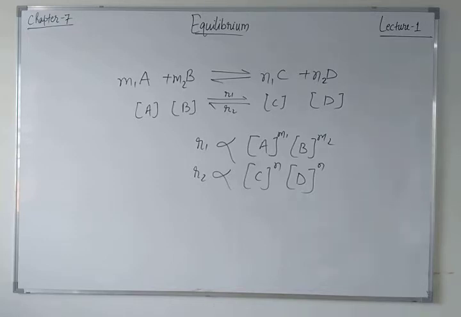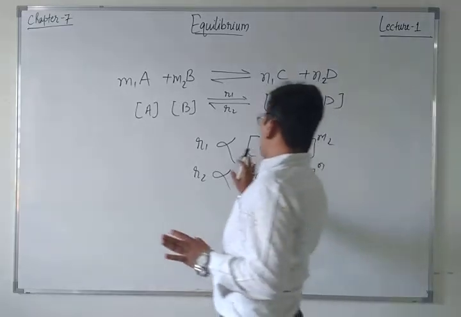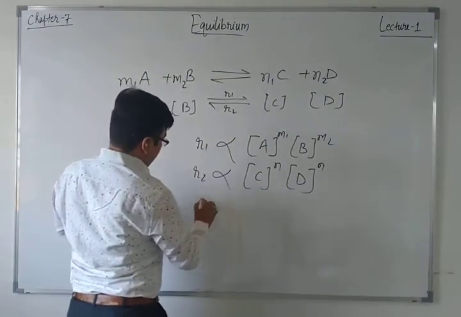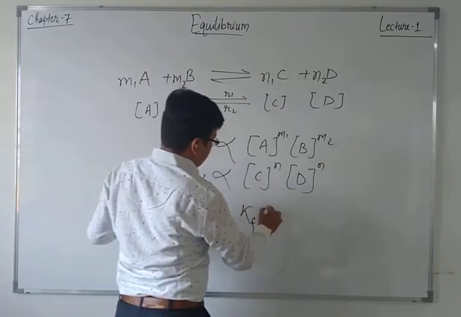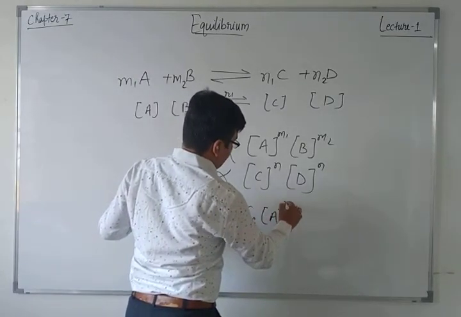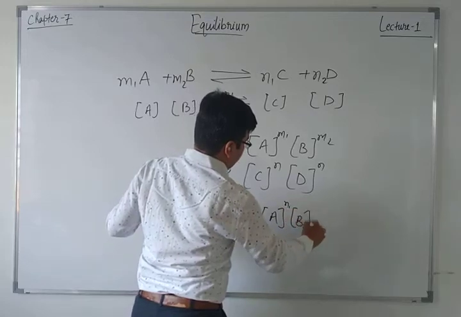So if I suppose this is the forward direction, then the concentration of A is raised to 1 and B to 2.